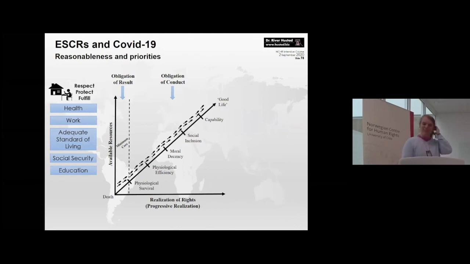Well, I wanted to just touch on COVID-19, so I can only briefly mention it, just to synthesize what we've talked about into a particular case. So in COVID-19, I'll just name a few of the rights. Everyone has a right to these things.